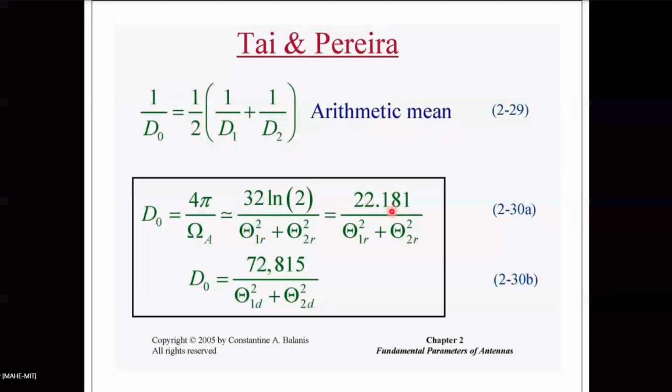So it is given by this formula: 22.181 by theta 1r square plus theta 2r square. Now, if you express it in degrees, that gets converted to this formula. It is easy. You don't have to know how we got this expression, but this is what is given by the scientists Tai and Pereira. Okay. So this is an approximate formula.